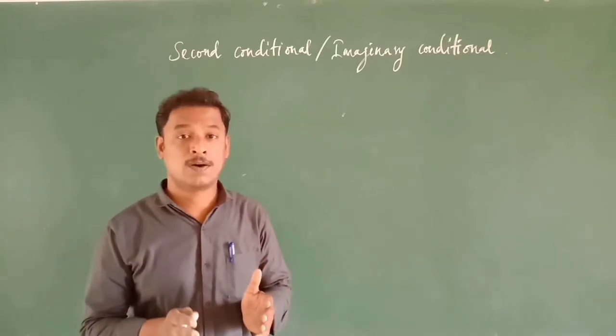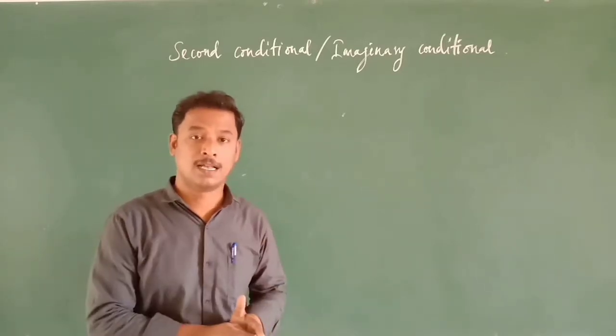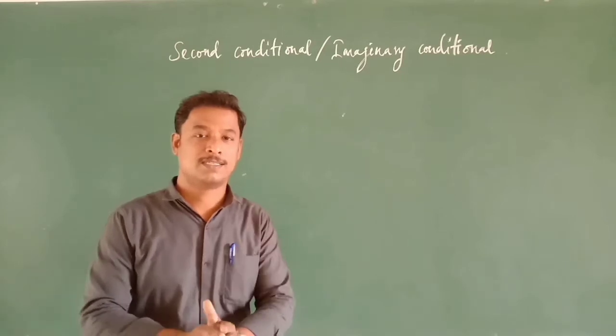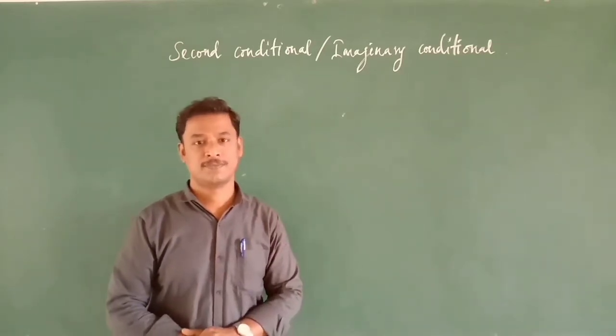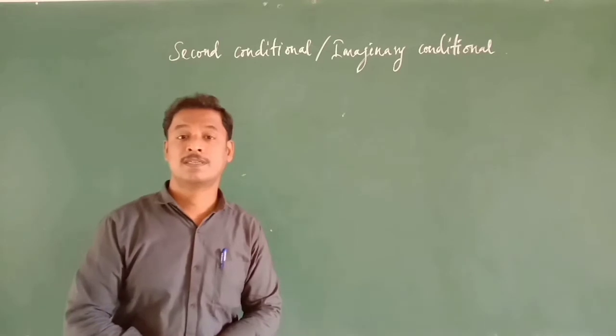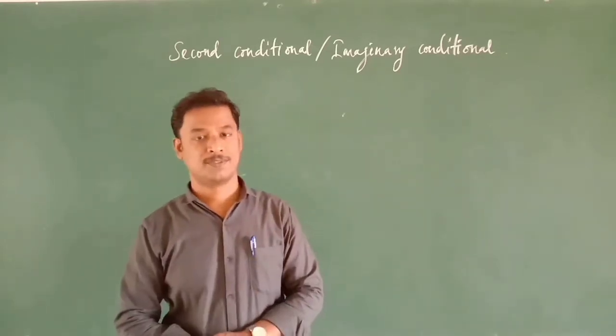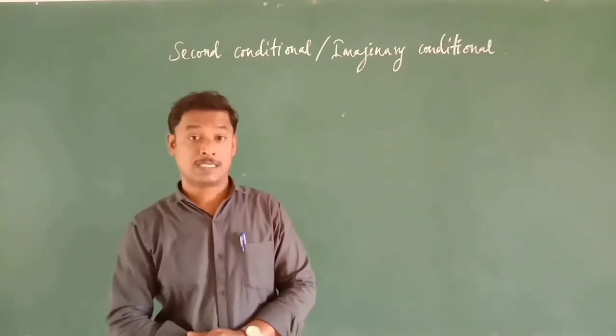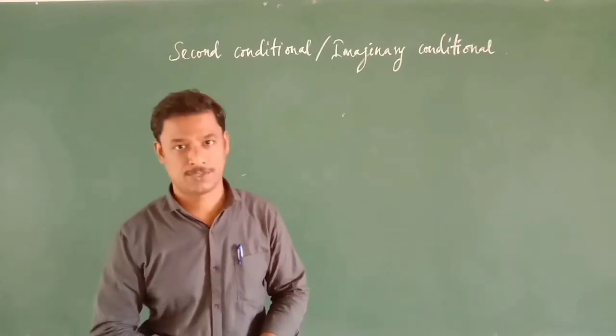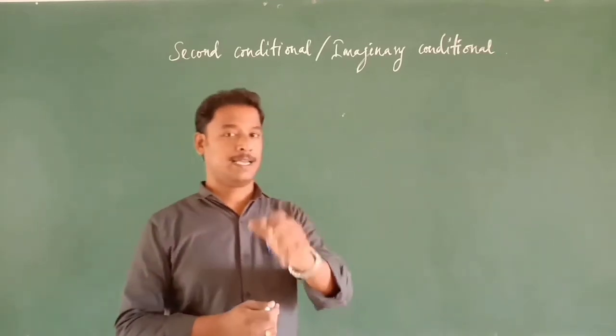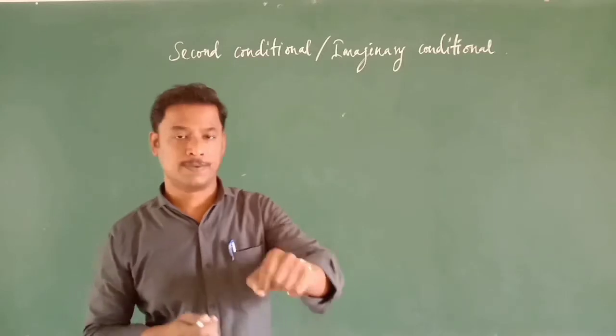The chances of that result happening are just 50%. The remaining 50% cannot happen. You cannot predict that because the situations may be like this. Okay, let me give you the example which is given in your textbook.